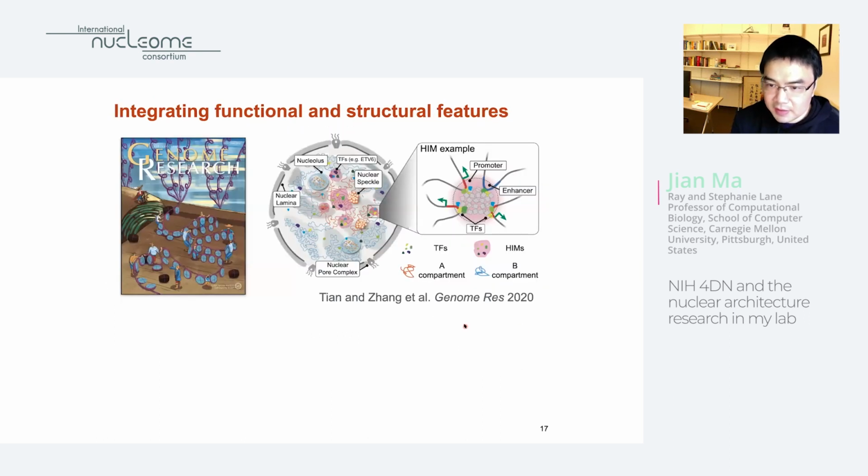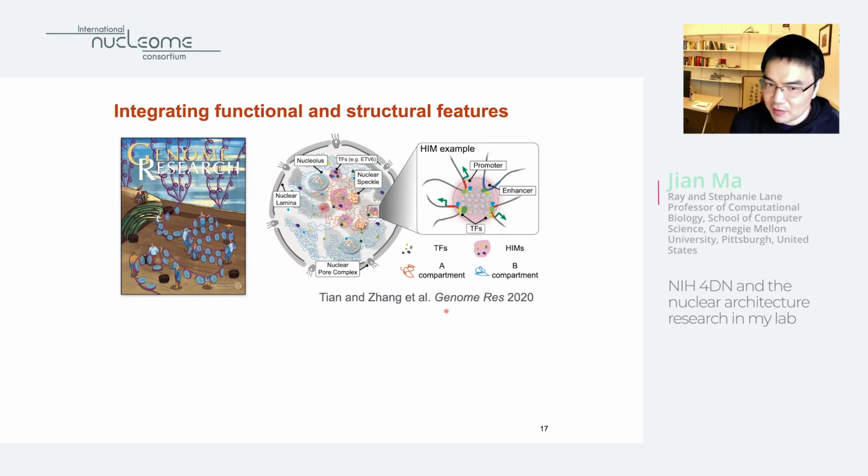Our analysis of the interaction with nuclear bodies highlights the importance of having an integrative lens to look at higher-order genome structure and function. In a work last year from my group, we developed an approach to integrate 3D genome organization with transcription regulatory networks. So you can look at some of the network modules by giving them the context of spatial position in the nucleus.